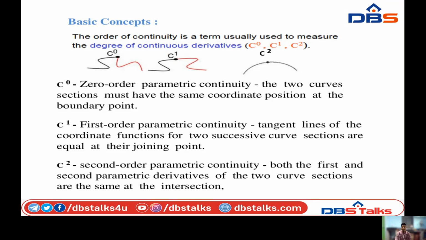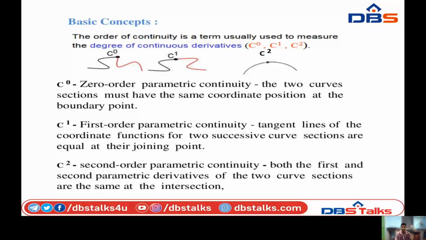That means two tangent lines are meeting at one point. Those successive curves meet at one point. That is the joining point. Joining point will be C1.